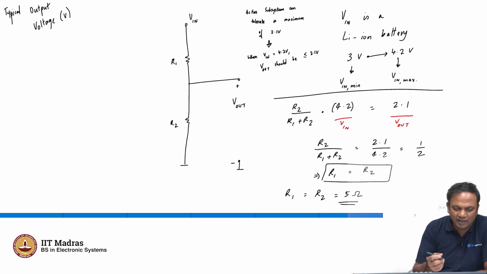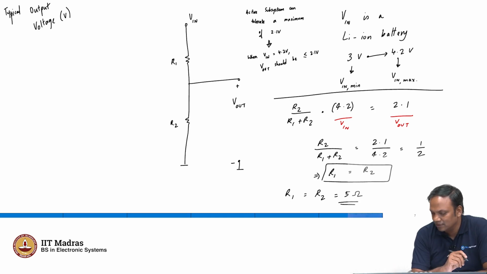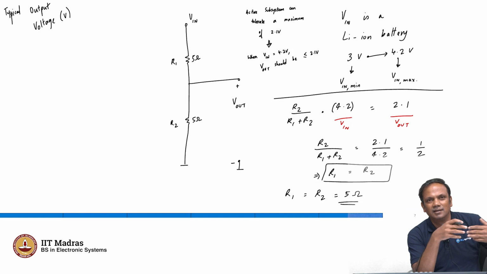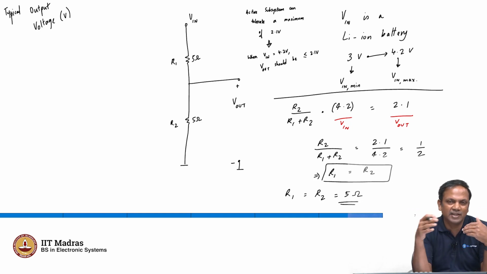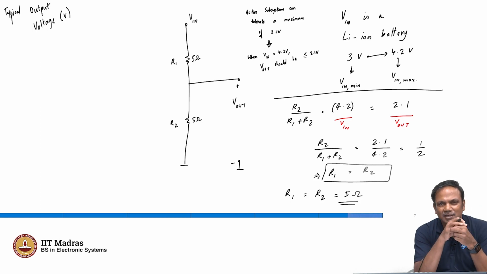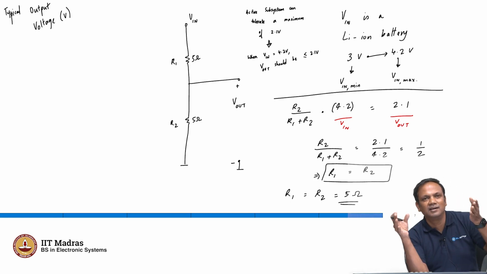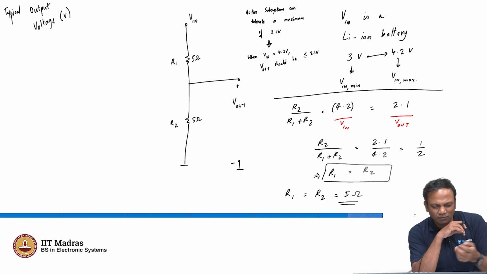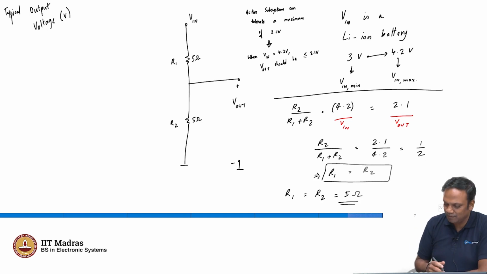Now that we have the circuit, this is 5 ohms, this is also 5 ohms. Let us calculate the typical output voltage. Typical input voltage for the battery is 3.6 volts. Lithium ion batteries, while they vary from 3 volt to 4.2 volt, spend a lot of their time at 3.6 volts. As you are discharging the battery, a large fraction of the discharge time is centered around 3.6 volt. So, we will call that the nominal or typical input voltage.